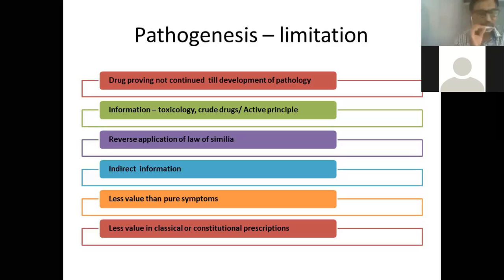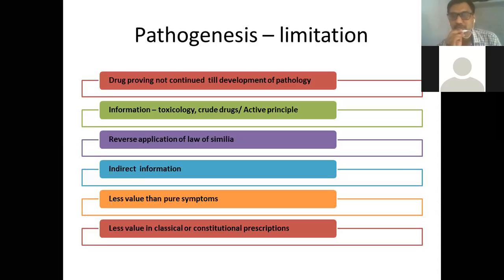If any difficulty, communicate with me. Then, as the information collected under this term pathogenesis is indirect, it has less value than that of pure symptoms, and therefore it has less value in classical or constitutional prescription. What is classical prescription?